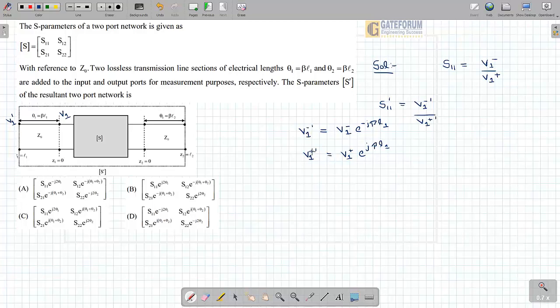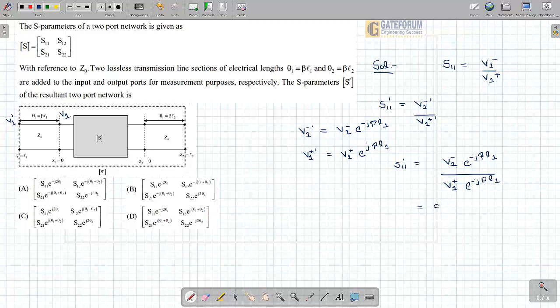Now, if you put this in this equation we will get S11 dash is V1 minus e to the power j beta L1 and V1 plus e to the power minus j beta L1.